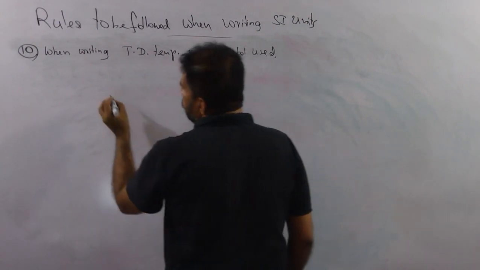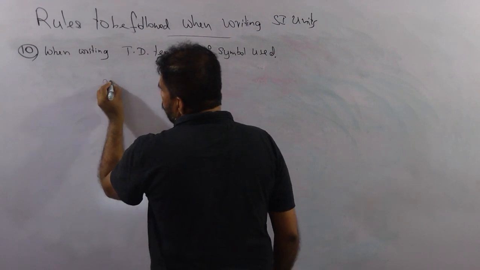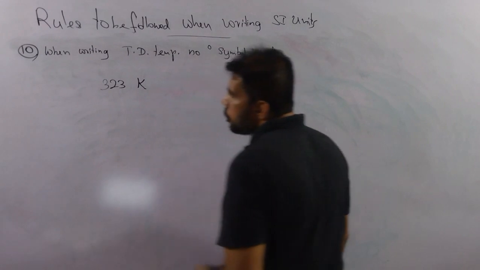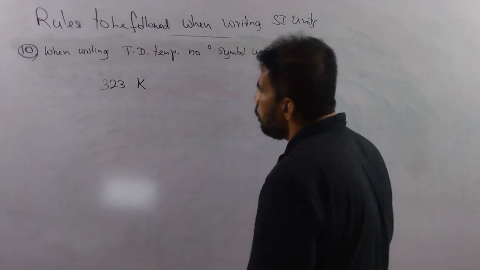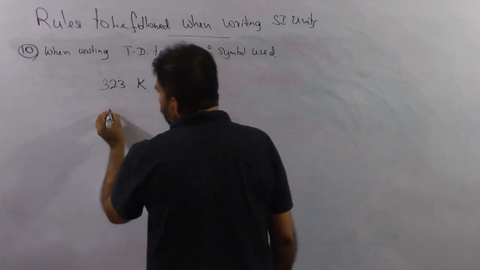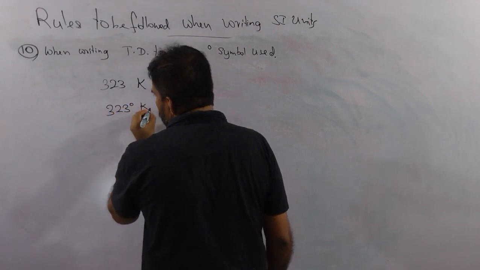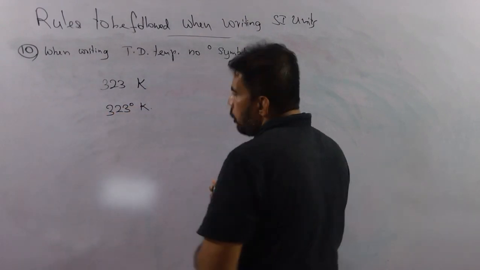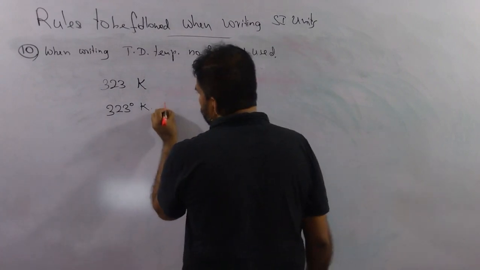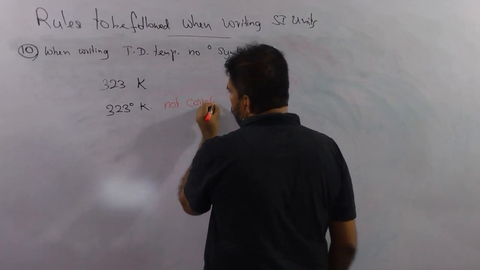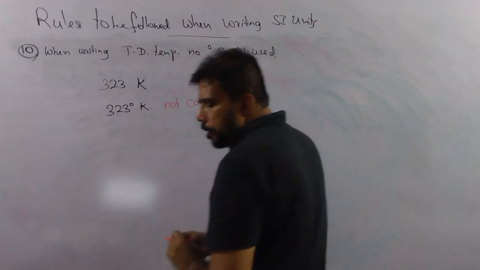So, for example, 323 Kelvin, we are not using any degree symbol. If you write 323 degree Kelvin, this is not correct. And this is correct.